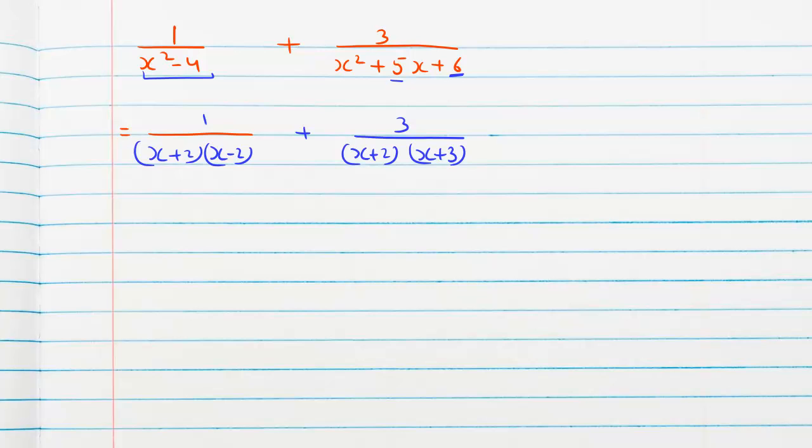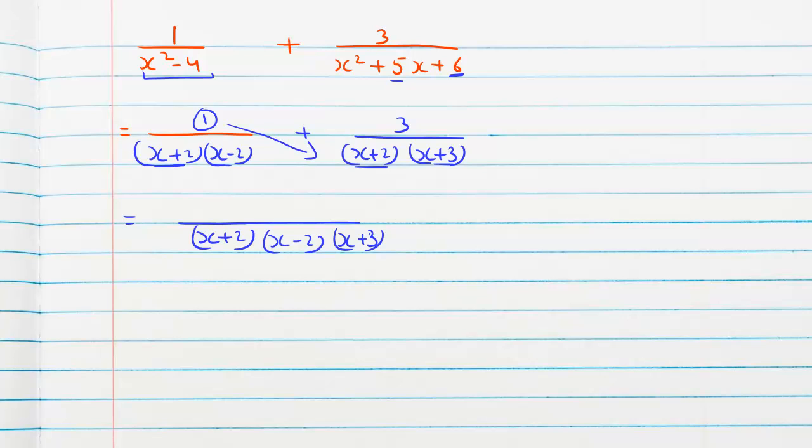Okay, and now you can see what is common for the denominator. We have x plus 2 over here, x plus 2 over here, they are both common. And what is not common? X minus 2 and x plus 3, so they will multiply because they are not common. So now 1 will multiply with one of these things.